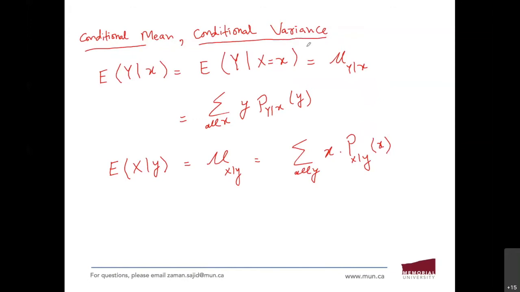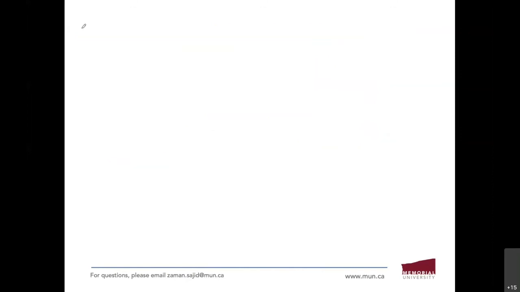Folks, I need to go to the next slide, please. Now for conditional variance, just keep in mind we are doing this for discrete random variables so far. Now the variance is represented as Var.